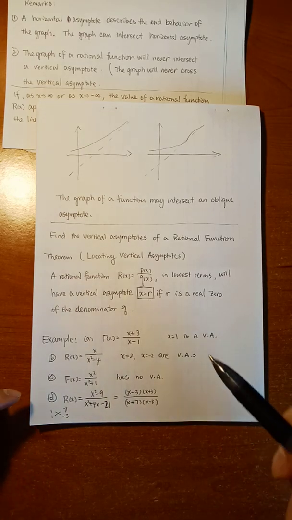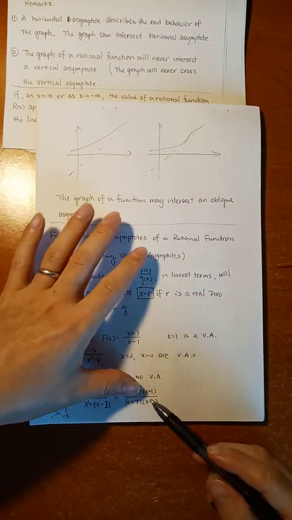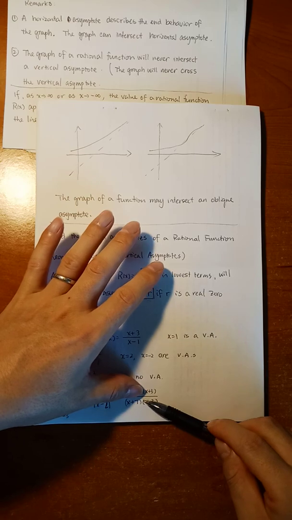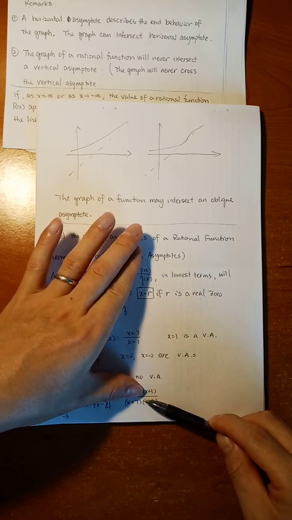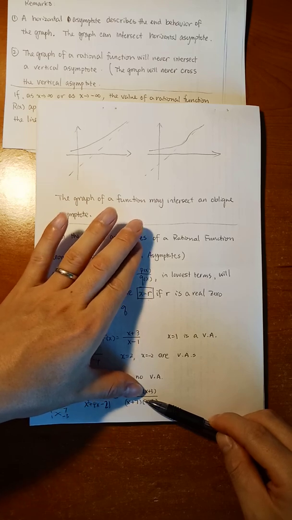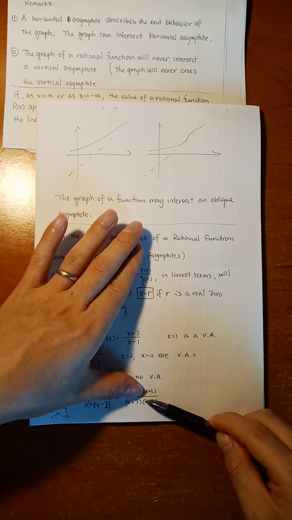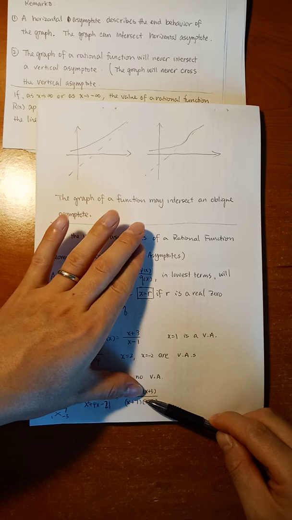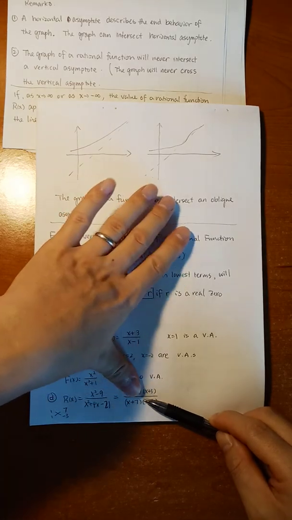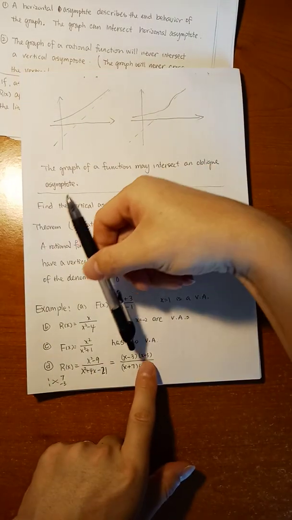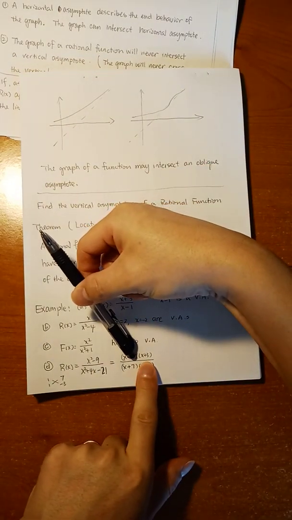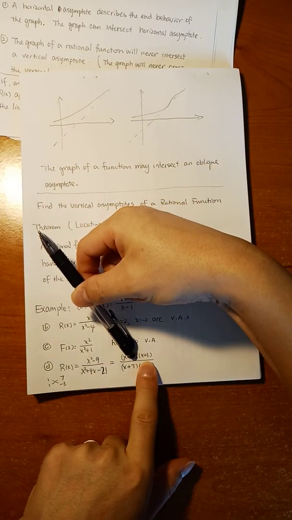In order to apply the theorem, you have to ignore the x minus 3 term, because they are not supposed to be in the lowest term. So you only consider x plus 3 over x plus 7. Can you read it? So you skip those two terms, only consider x plus 3 over x plus 7.